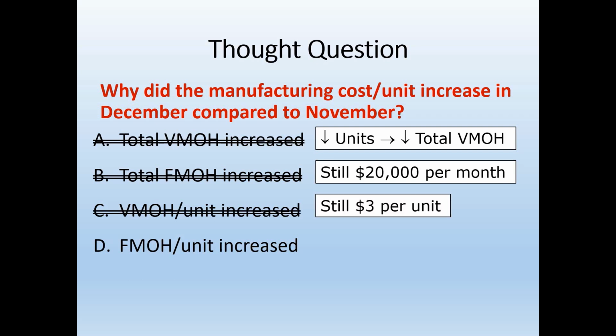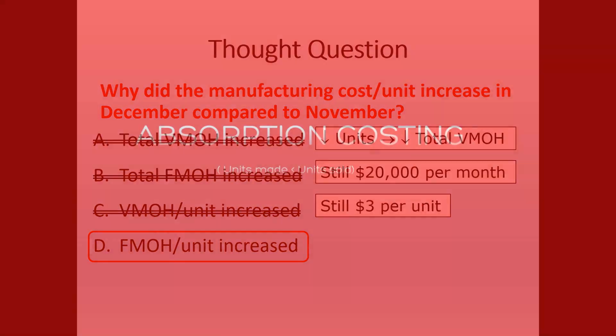And answer C can't be right, since the variable manufacturing overhead per unit is still $3. So the right answer is D. The fixed manufacturing overhead per unit must have increased. Let's see why.